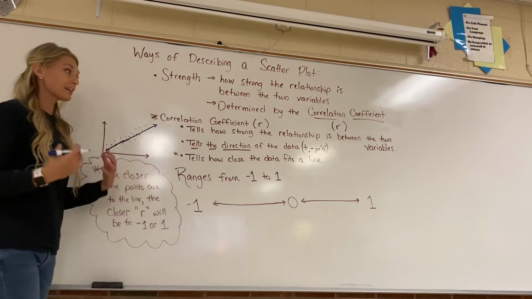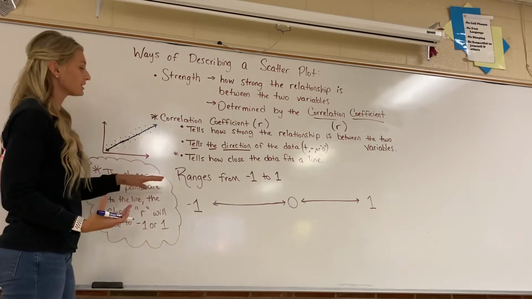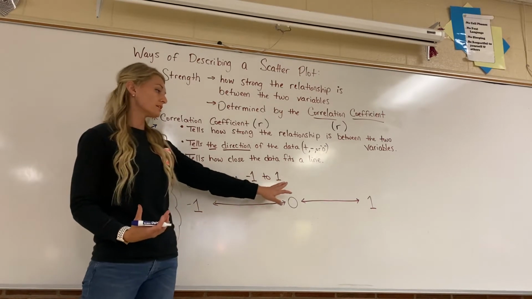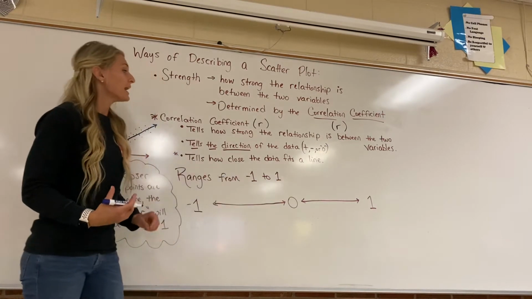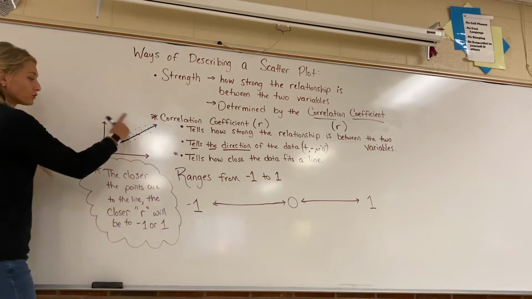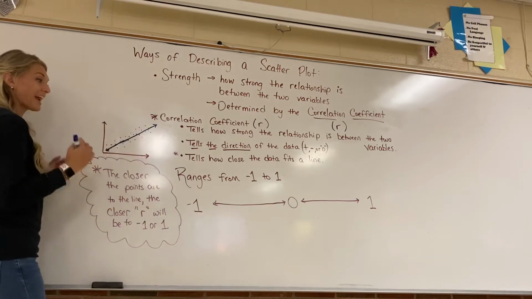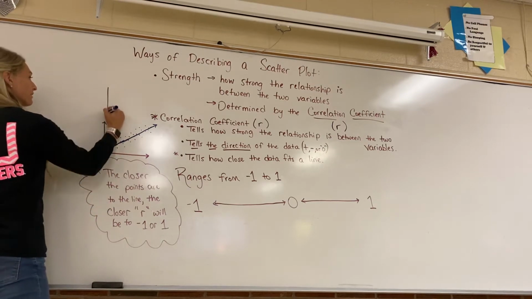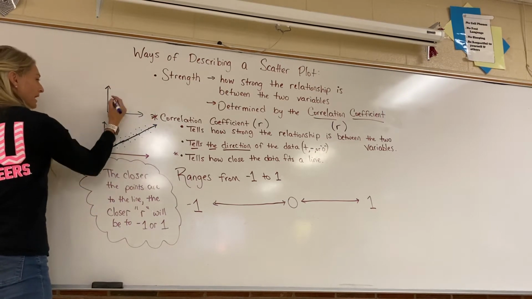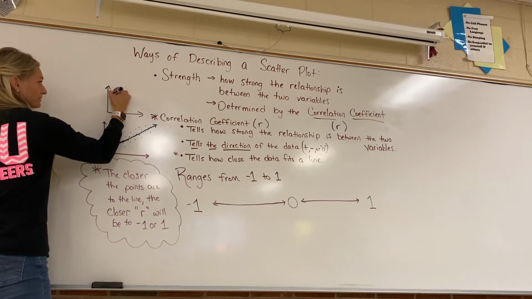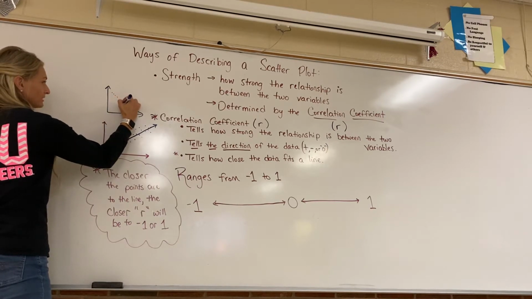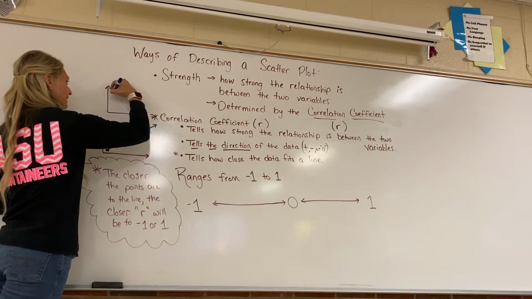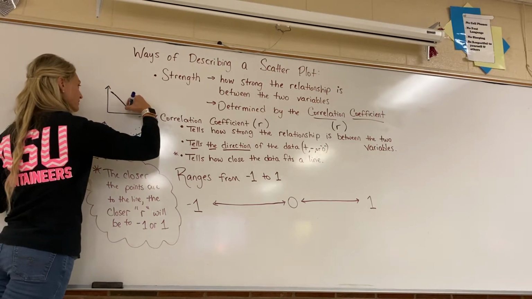And so that number is going to range anywhere from -1 to 1, all right? If you graph your coordinates and they actually form a line, so for instance, if I graph it and my points actually line up to where if I drew a line of best fit, it goes through them perfectly.